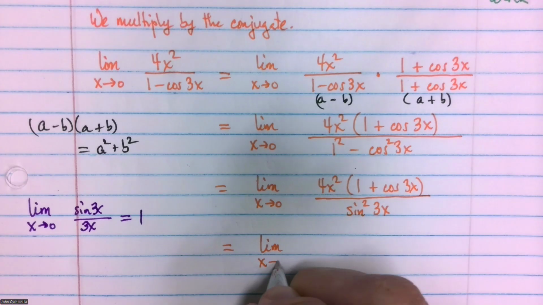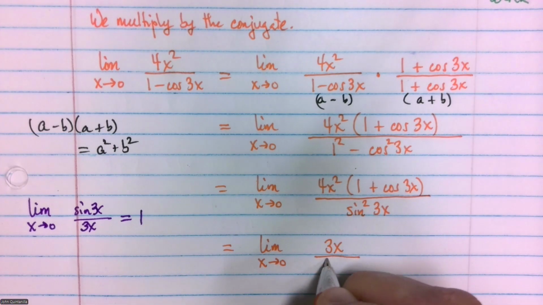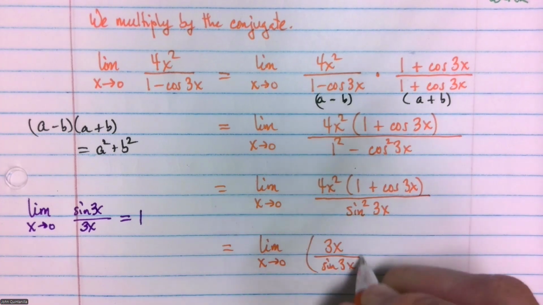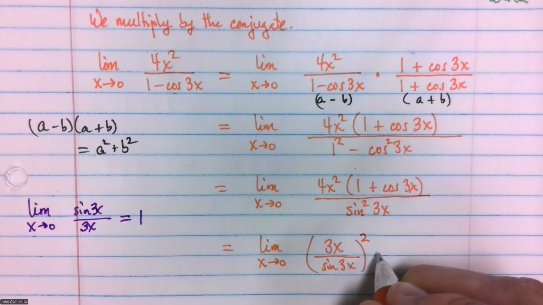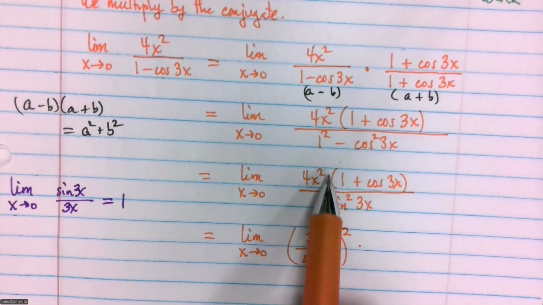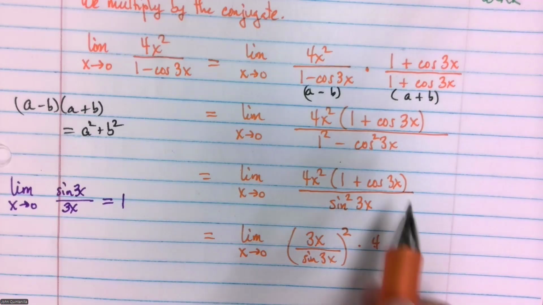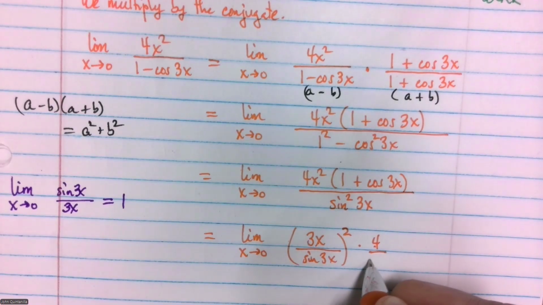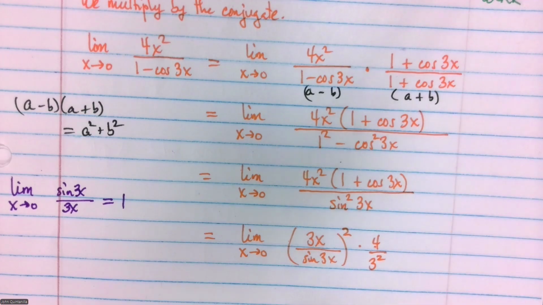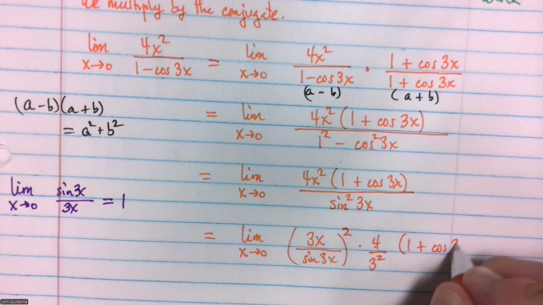Limit as x goes to 0, let me write this as 3x divided by the sine of 3x quantity squared. All right, now what do I do to compensate? So x squared is taken care of. There's a 4 that I'm missing here, so I need to include that. Also, I'm dividing by 3 squared, which is 9. And then I have the extra 1 plus cosine of 3x.